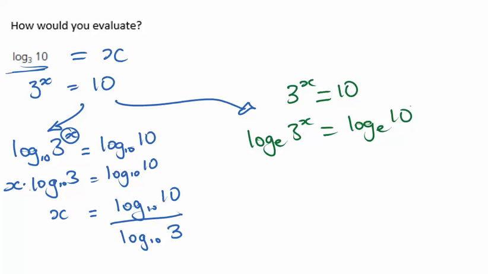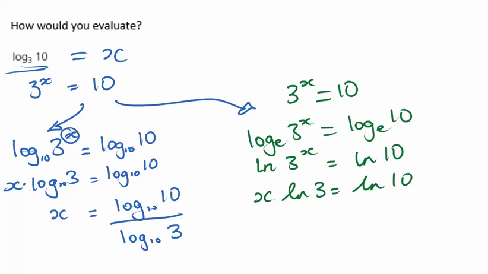Log base e we can write in the short form of ln, so that's ln of 3 to the x and ln of 10. Then I'm going to do exactly the same manipulation: log of 3 to the x is x lots of log of 3.